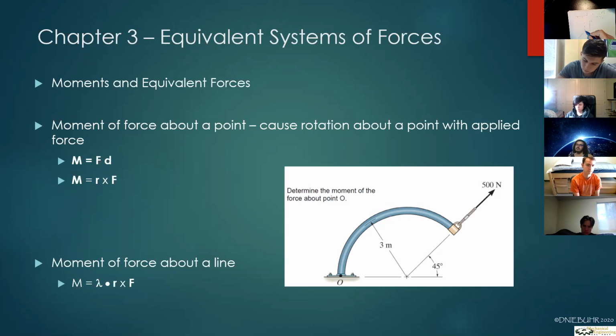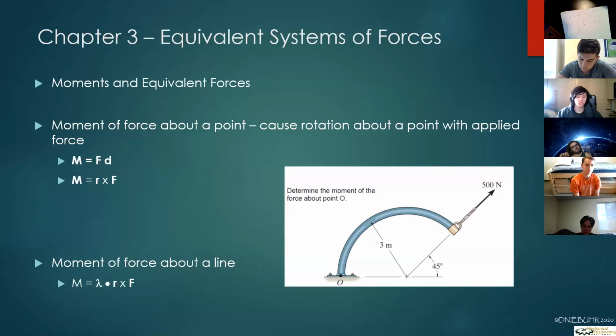Then we'll just draw a line to here. That's our R vector. It's our force vector, and we'll say it intersects at point A. So if we want to know the moment created by that force about point O, moment O, then it's just equal to R cross F.